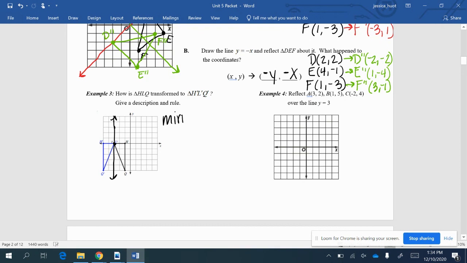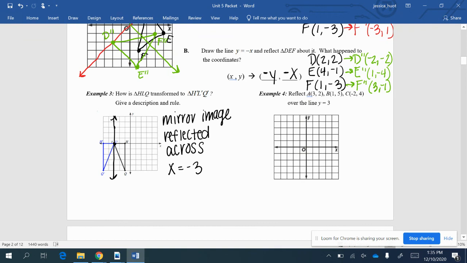So it looks like it is reflected across. Vertical lines are X equals, and it's X equals 1, 2, 3. So -3 there.